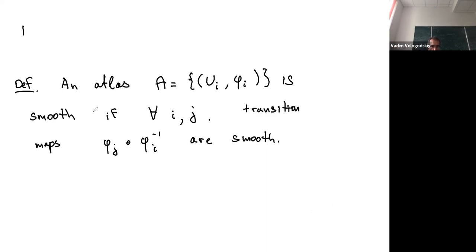So now we have a notion of a smooth atlas, and let's say that two smooth atlases, say A and B, are equivalent.